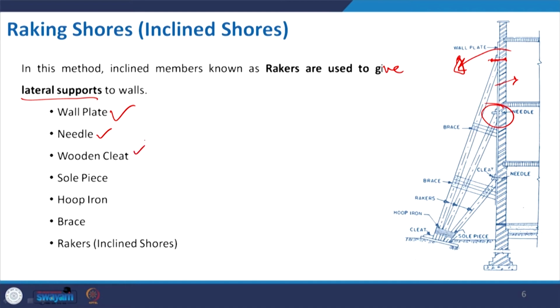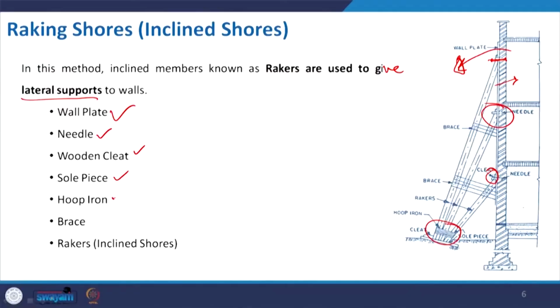Then a wooden cleat is also used where you have to give support to make it very tight. Cleat is normally used in most cases for wooden joints. Now, the sole piece is used at the bottom, where we tie up all the rackers. The hoop iron is where you can tie those rackers up.